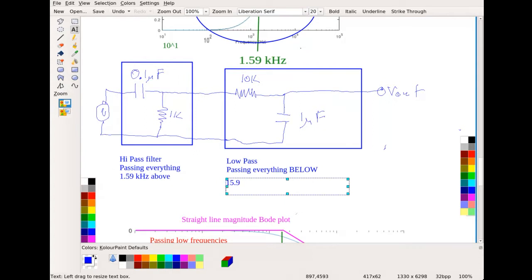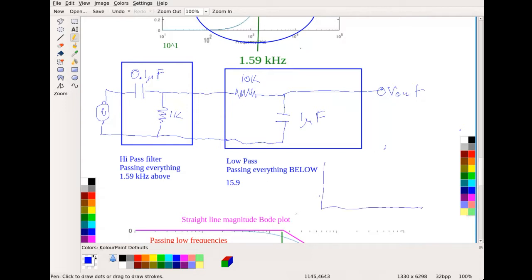Okay. And so what happens then is I'm going to end up with a Bode plot. That's going to look something like this. So I'm going to have it going up like this, and this is going to be 1.59K. And then it's going to go straight across here.